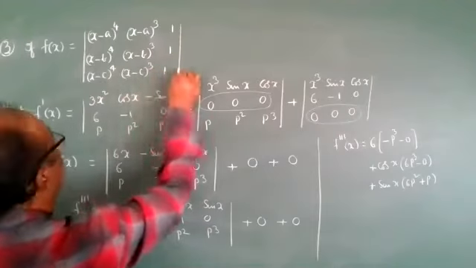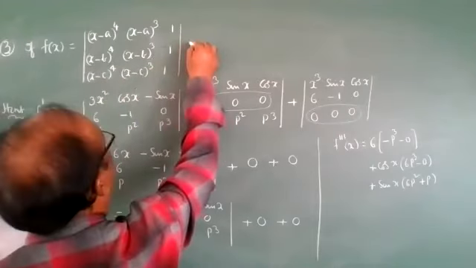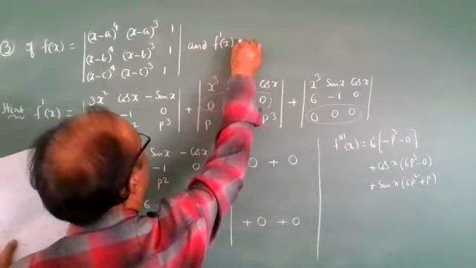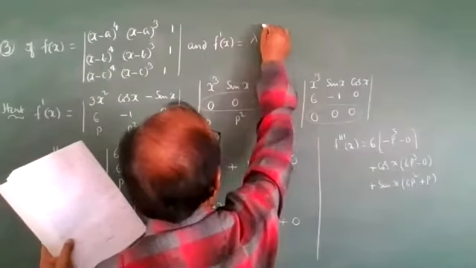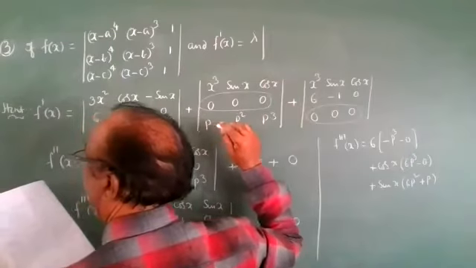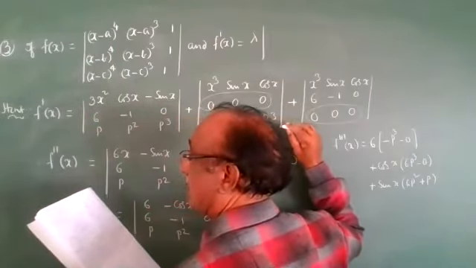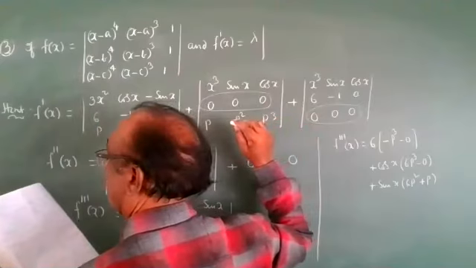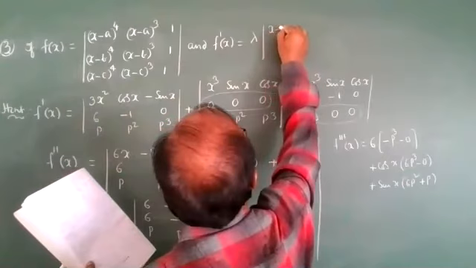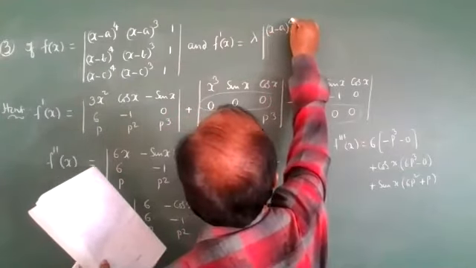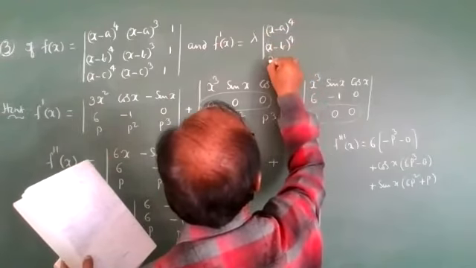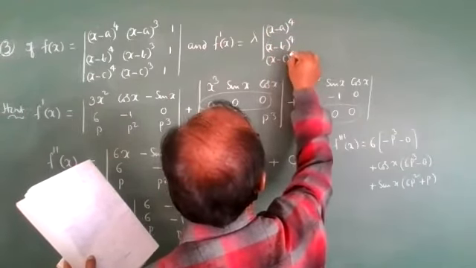And f dash of x is equal to lambda into the determinant of x minus a whole power of 4, x minus b whole power of 4, x minus c whole power of 4.